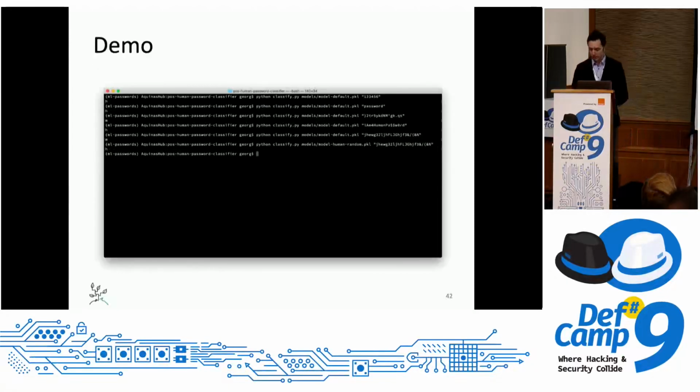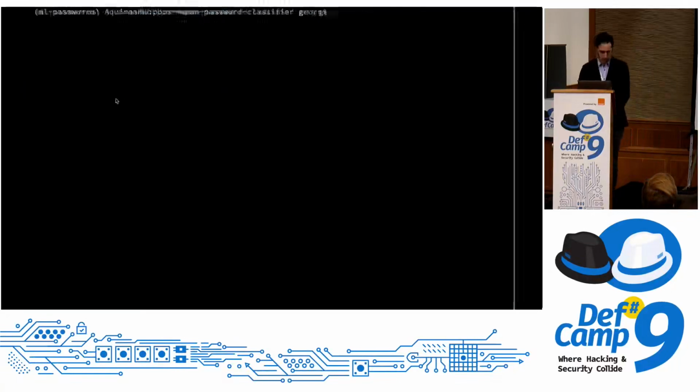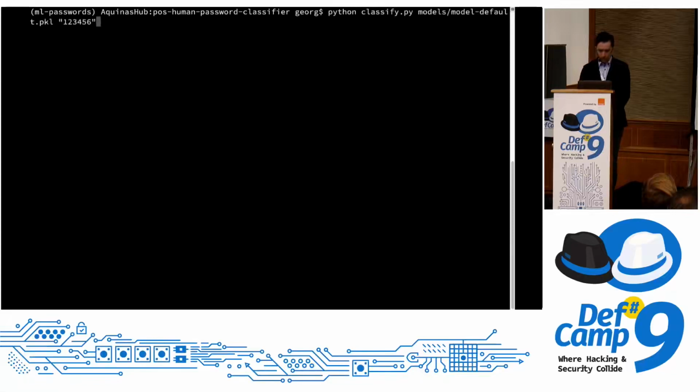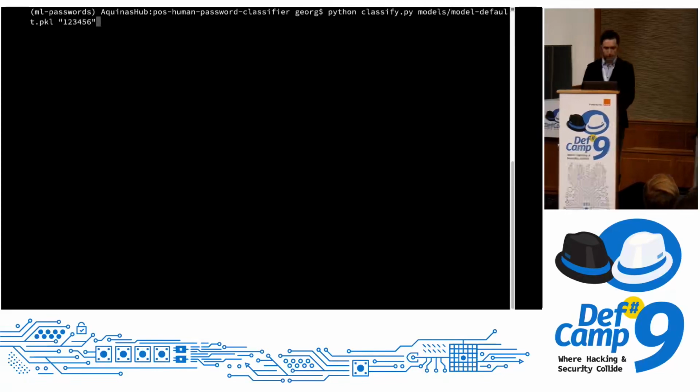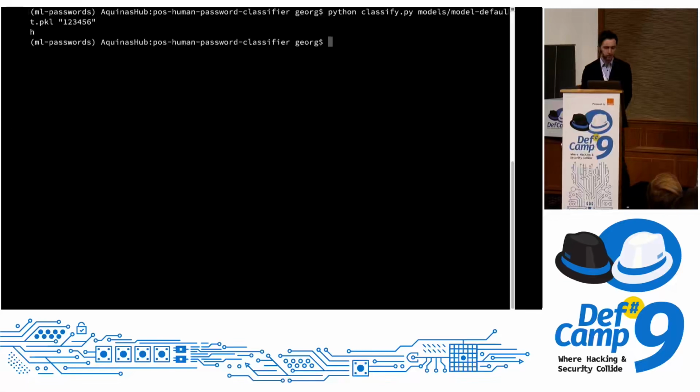So let's see a demo first. Don't take my word for granted. This is my classifier script. I hope you can read it. Can you read it? Yeah. For the password 123456, and guess what? It's human, H. Let's try something else, like password.